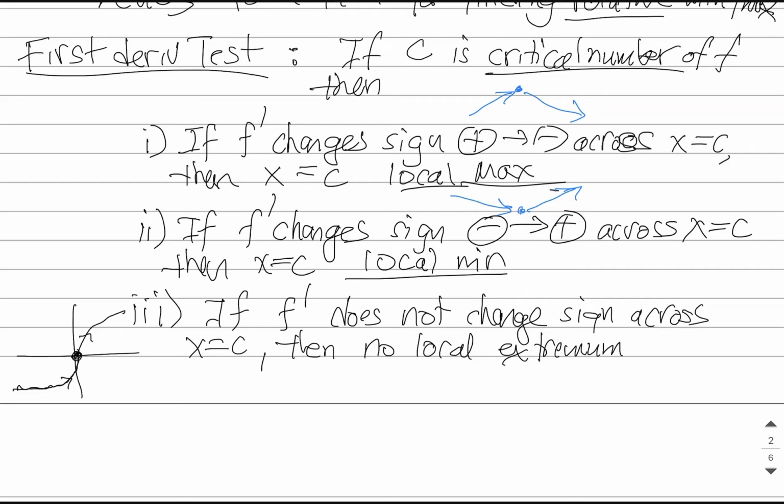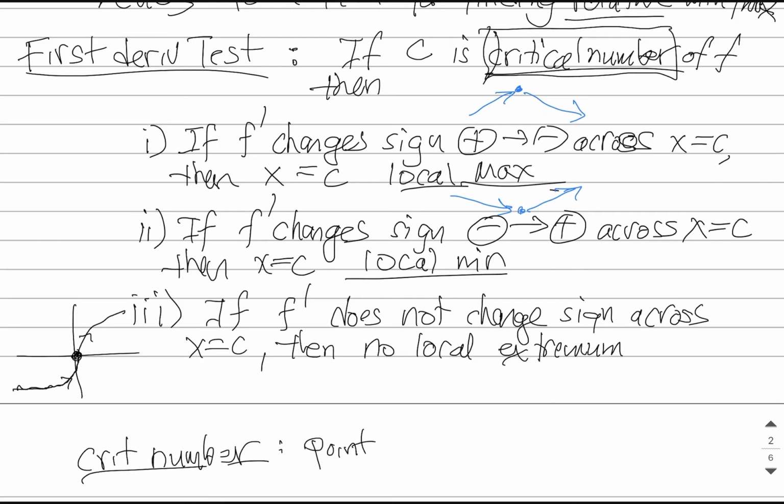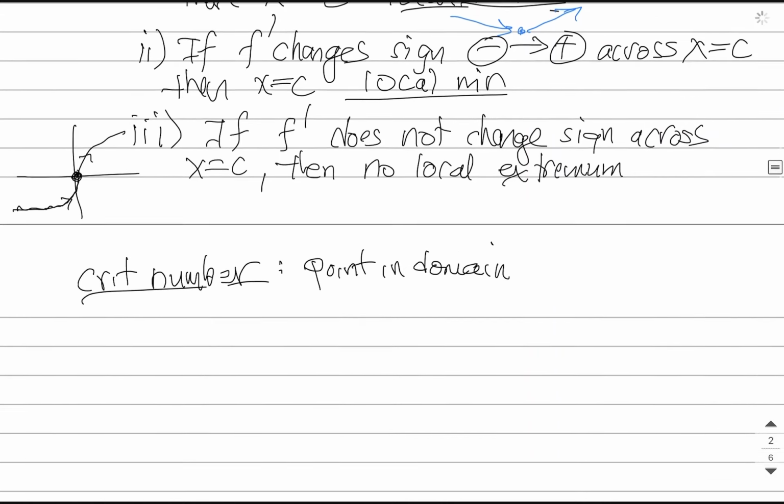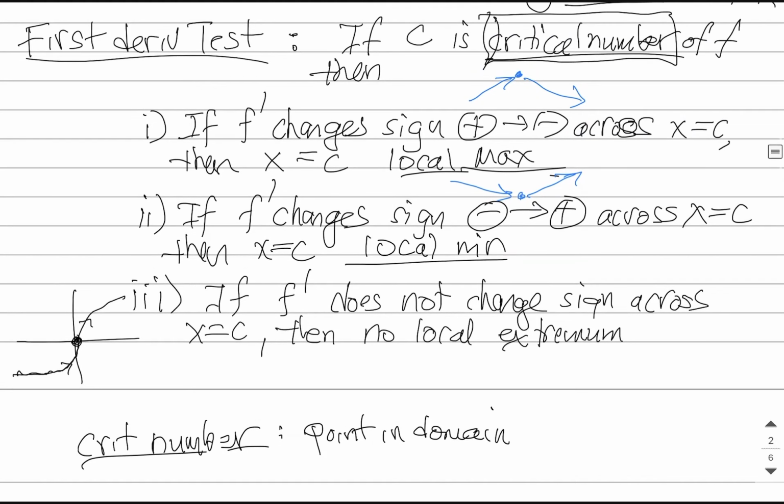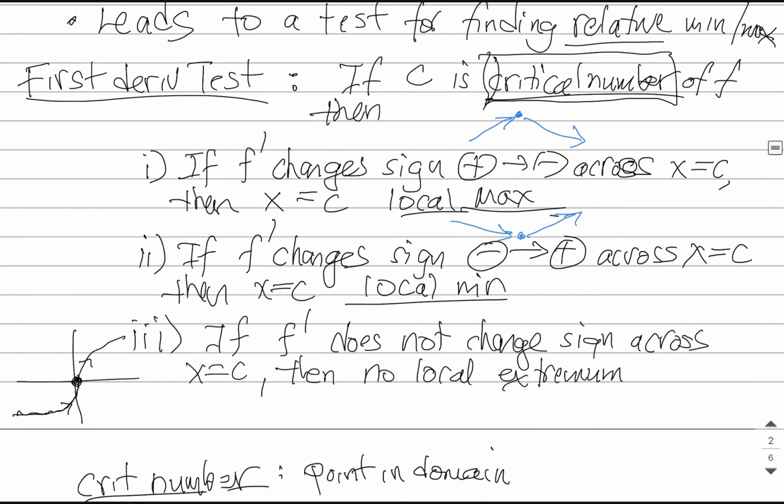Now, it's important that it's a critical number. Critical number means point in the domain. And the other condition that we're going to be talking about here is that there has to be a function that is continuous. So I forgot to mention that here. We are also going to assume that the function is continuous. Why do we need that?